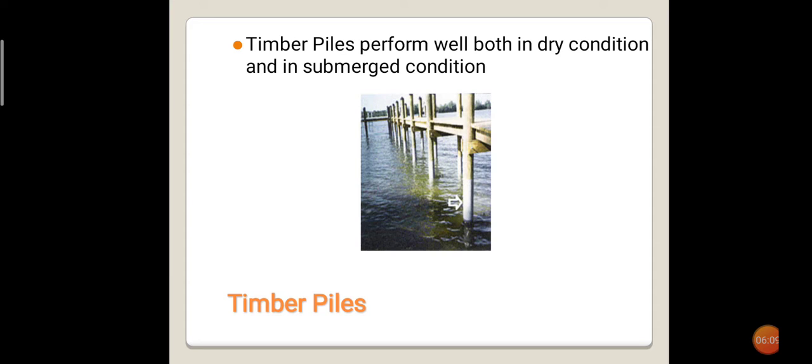Normally the diameter may vary from 30 to 50 centimeters. Actually it is of hollow section. The advantages of timber piles are that they are very cheap and more economical. They are easily stored and transported.